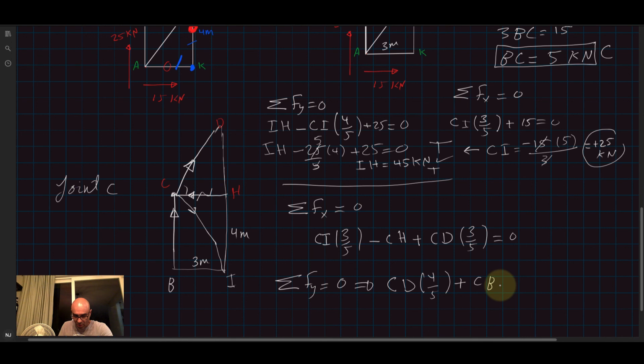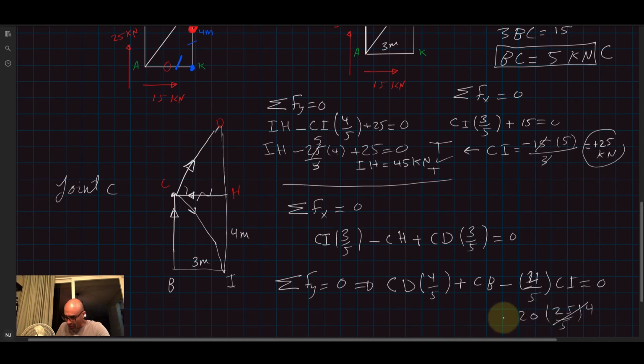And, wow, this one here, minus, because it's going to negative y direction, 4 over 5 CI. And I think that's it. And that would be equal to 0. Now, CI is 25 kilonewton multiplied by 4 divided by 5. So this whole thing goes into 20.